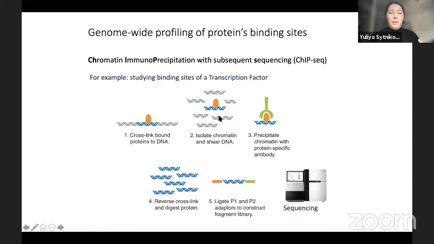The transcription factor is bound by a specific antibody, and basically you immunoprecipitate the transcription factor in complex with the fragment of DNA which it binds, and then DNA is isolated and sequenced, and after sequencing you could see which regions are enriched, and those would be the transcription factor binding sites.